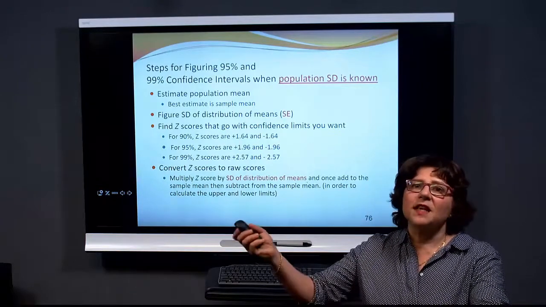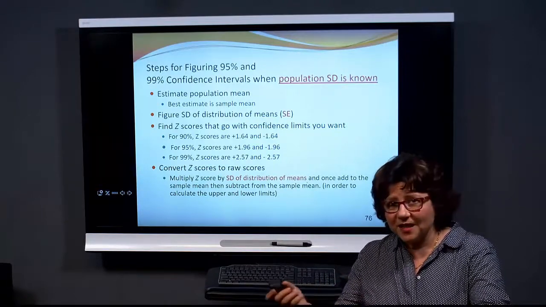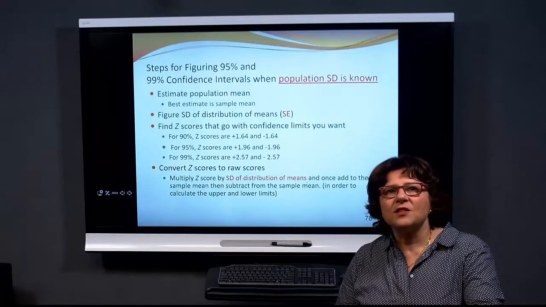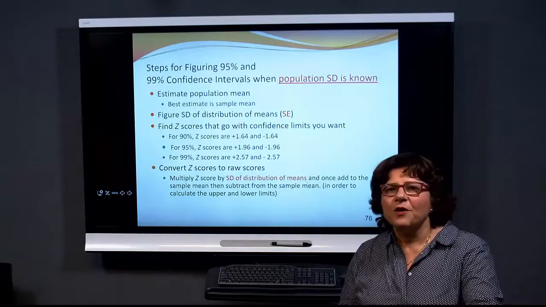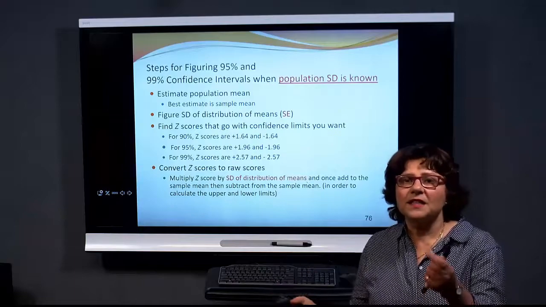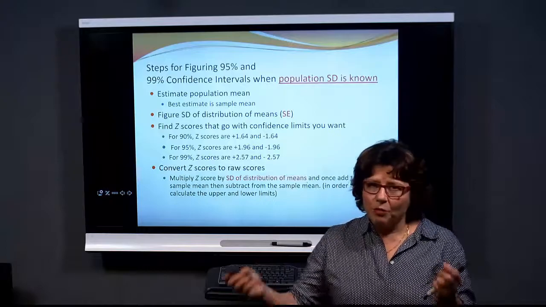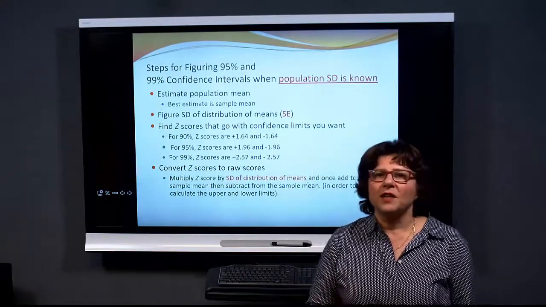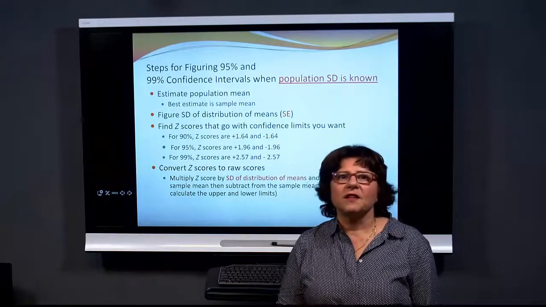So whatever sigma was, you divide it by the square root of sample size n to get the sigma of x bar. And then you find the Z scores that go with the confidence limits. If you have 90% confidence interval, your confidence limit would be 1.64 standard deviations away from both sides of the mean. 95% confidence interval is 1.96, and 99% confidence interval is 2.57.